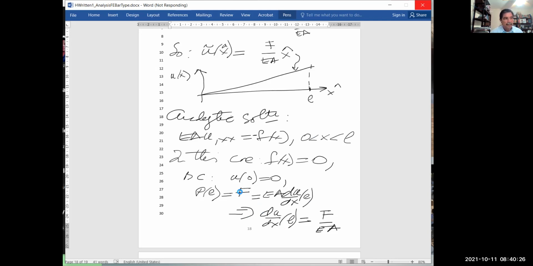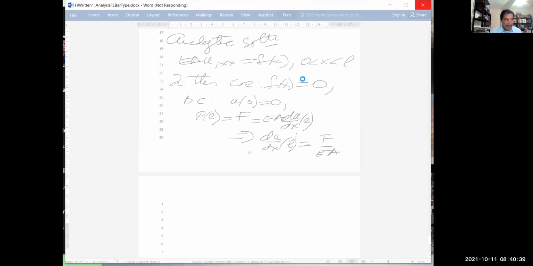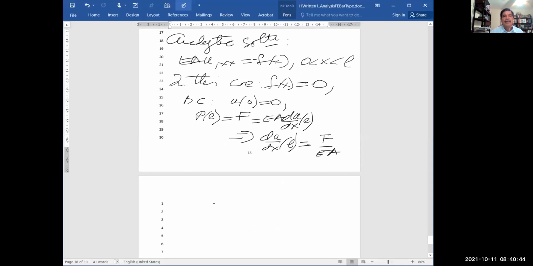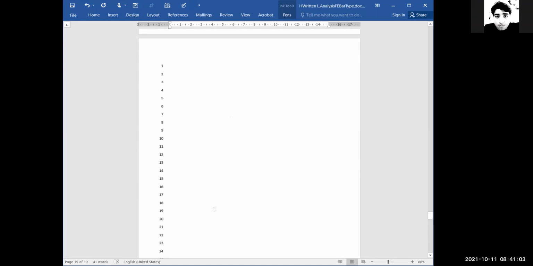So every time you assume the same function for the interpolation as the exact solution, the result is going to be that the approximation using finite elements will be exactly the same as the analytic solution. So in this case, that was the situation. We had the same function, linear function, for the analytic solution as the interpolation that we assumed.